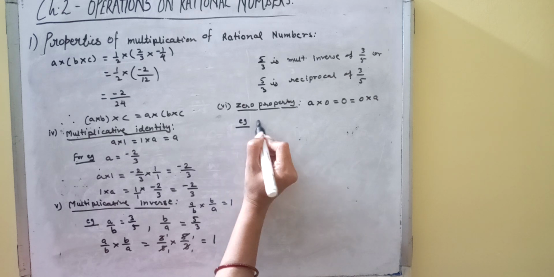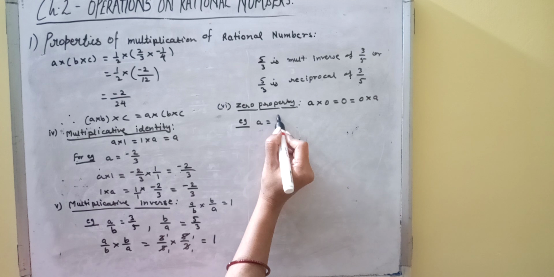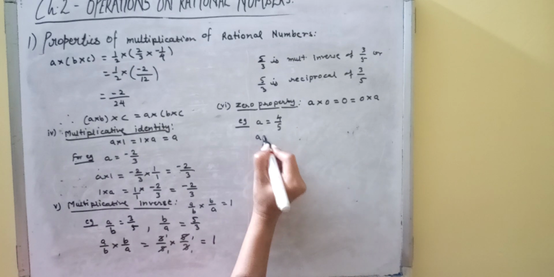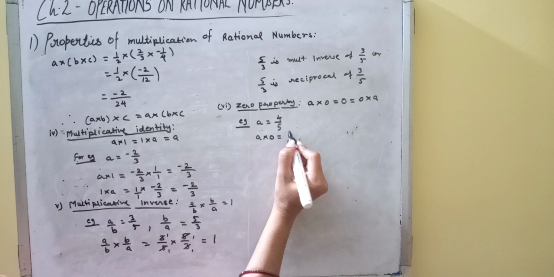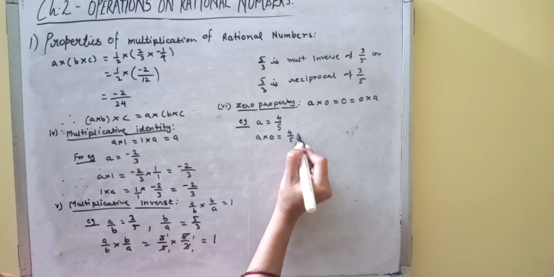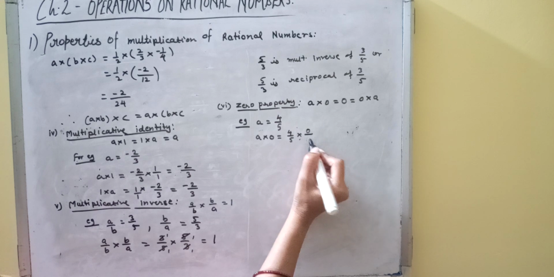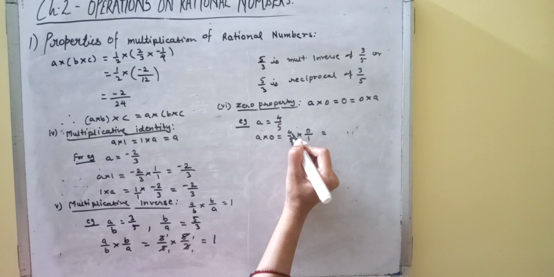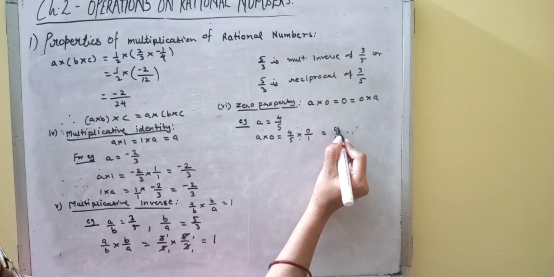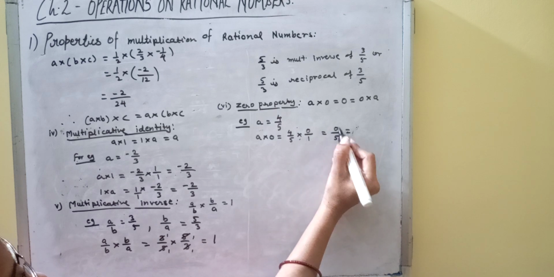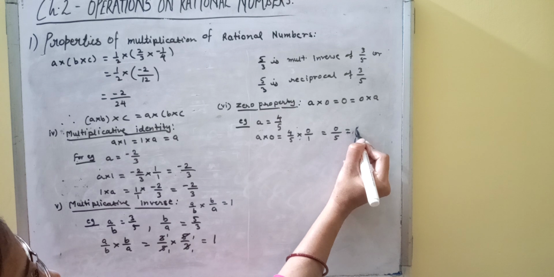Take an example, a is 4 upon 5. Then a into 0 is 4 upon 5 into 0, we write 0 as 0 upon 1. 4 into 0 is 0, 5 into 1 is 5, so 0 upon 5 is 0.